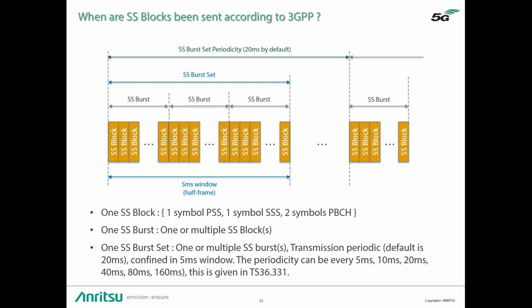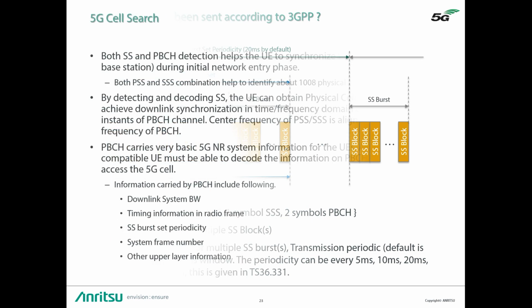The actual value of the SSB periodicity serving cell can be 5 milliseconds, 10, 20, 40, 80 or 160 milliseconds, and this is given by 3GPP TS 36.331. This can be chosen by the network operator when they configure the network, assuming the base station, also called gNodeB, is supporting all the modes.